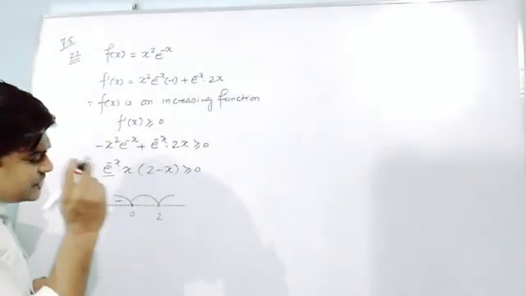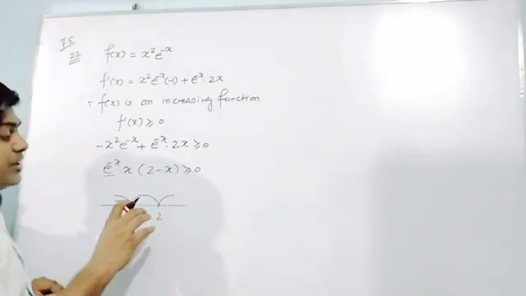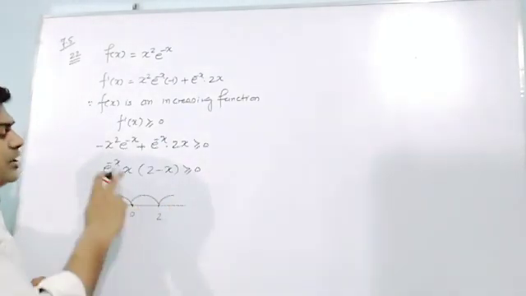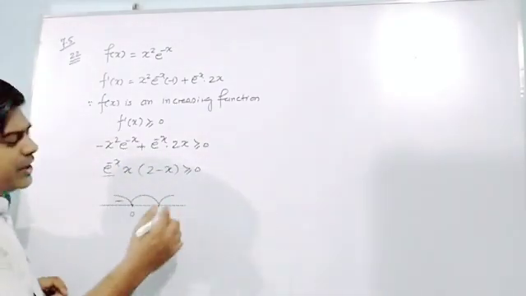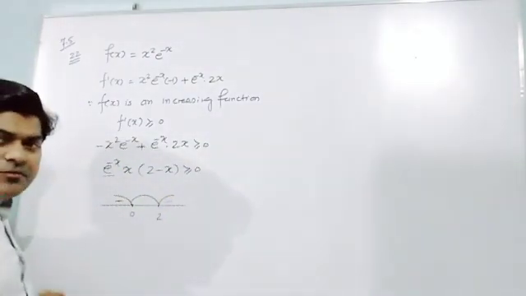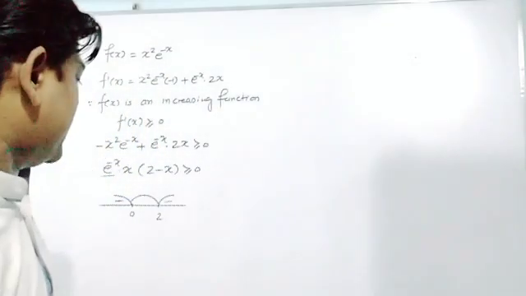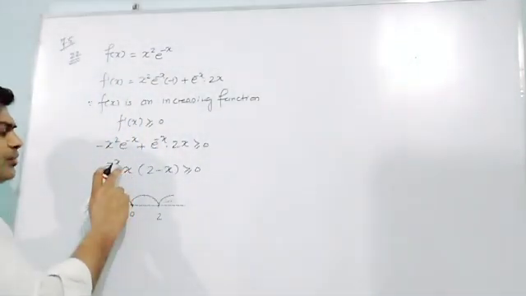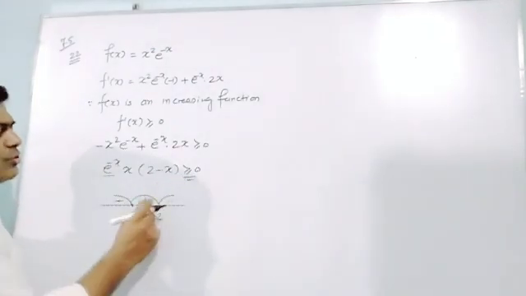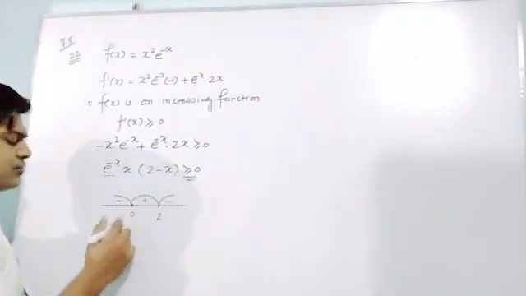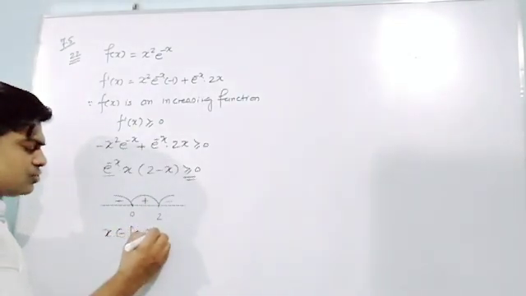And when I take x greater than 2, means the value of x is more than 2, so x is positive, but 2 minus more than 2 will be negative, it is again negative. But if I am taking any value of x which is more than 0 and less than 2, like I am taking 1, for this it will be positive, and greater than or equal to 0 means this condition is there, so I can say x belongs to the closed interval 0 to 2.